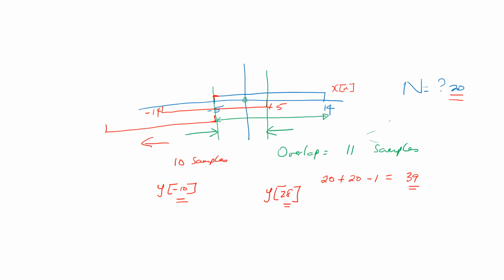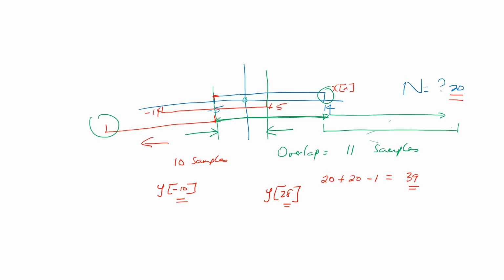I'm going to have to shift 19 this way for first full overlap, and then another 19 this way until this value and this value overlap with each other, and then the convolution ends. So 19 and 19 are 38 values plus the first one that you had, which is the 39th.